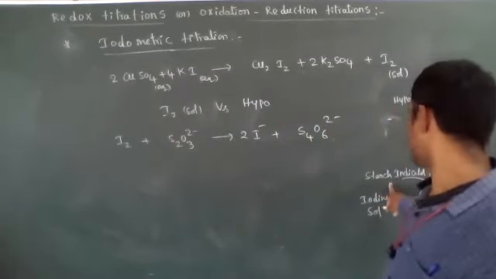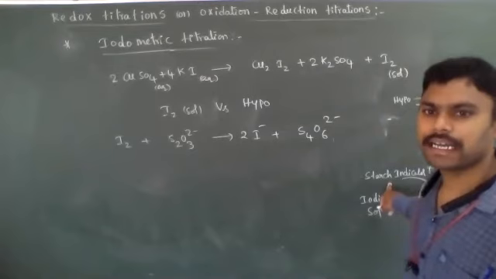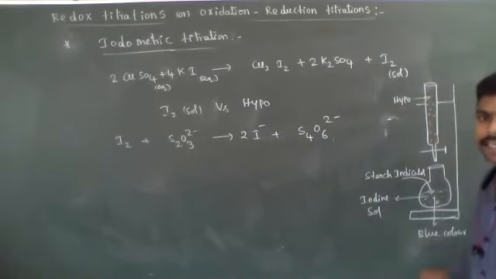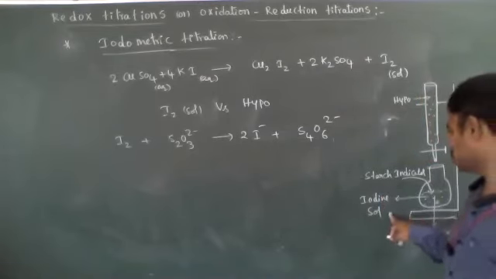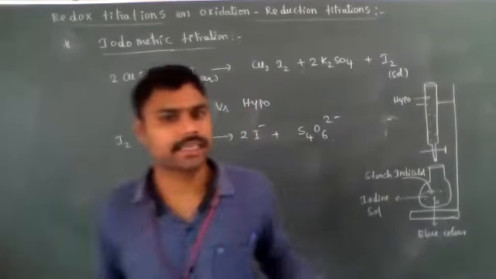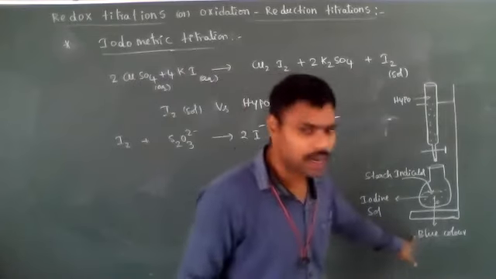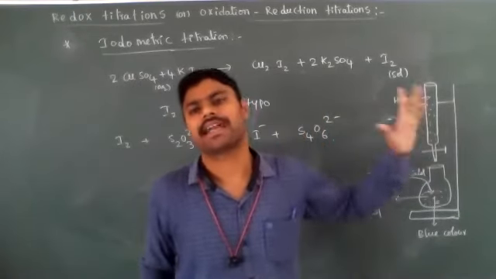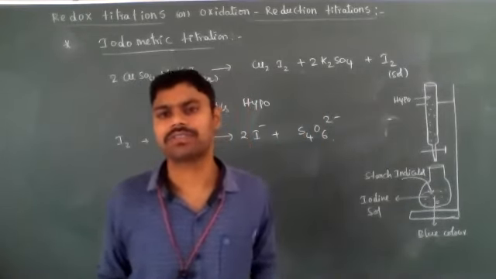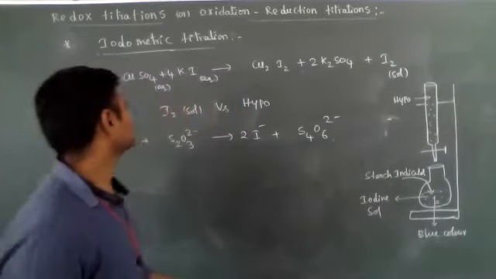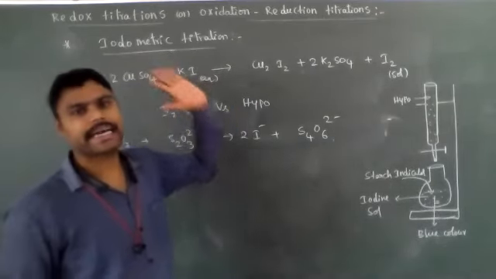Freshly prepared starch solution we use as indicator. Then at the end point, or equivalence point, the blue color of the iodine solution turns colorless. This type of titration is called iodometric titration.